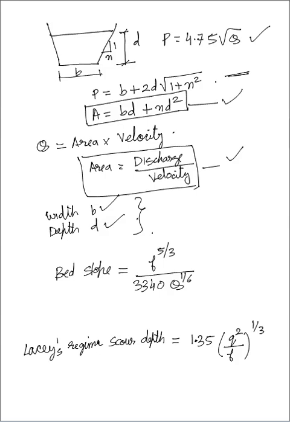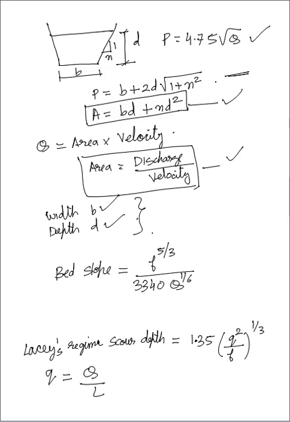So what do you mean by small q? Capital Q is the discharge, the total discharge, and small q is basically capital Q divided by length, the discharge per unit length. So don't make that mistake. This is small q, so 1.35 into (q square by f) raised to 1 by 3.